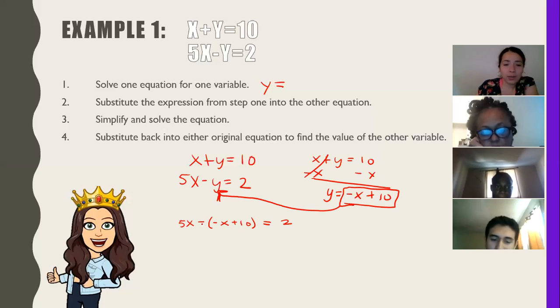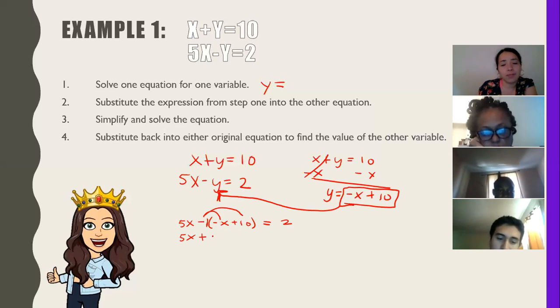Now you can't just get rid of this negative. What you have to do is distribute it. You have to pretend it's a negative 1. Negative 1 times negative x is a positive x. Negative 1 times positive 10 is negative 10.